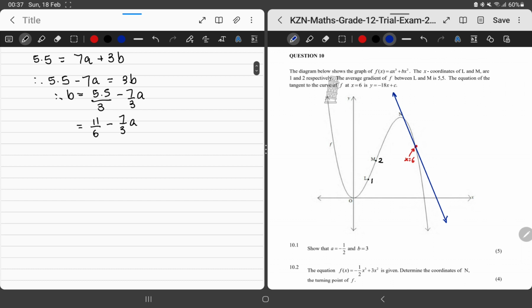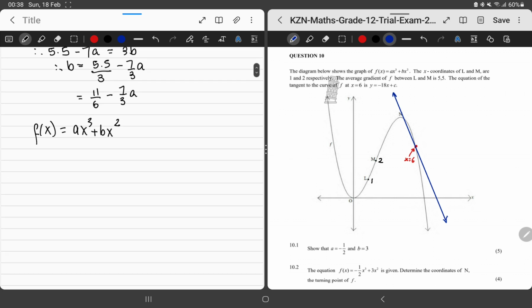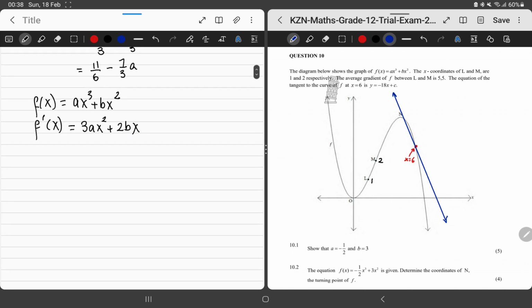Okay. Now, I also know that I have an equation of a tangent to the curve at x equals 6. f of x is equal to ax cubed plus bx squared. In order to find the gradient at the curve, I need to find the derivative, which is equal to 3ax squared plus 2bx.